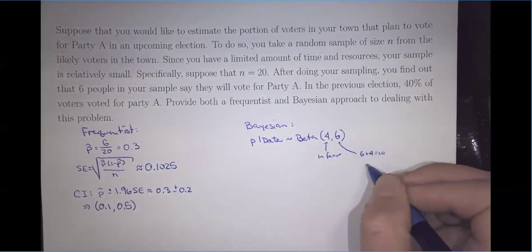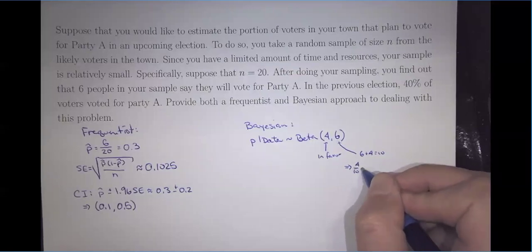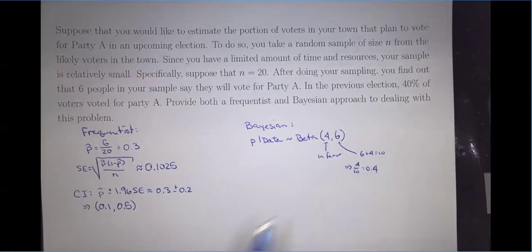And again, very roughly, 4 out of 10 is 40%. So 40% of the previous voters voted for Party A. So we might make some claim like this. Now, given what we just saw, we need to update what we know.